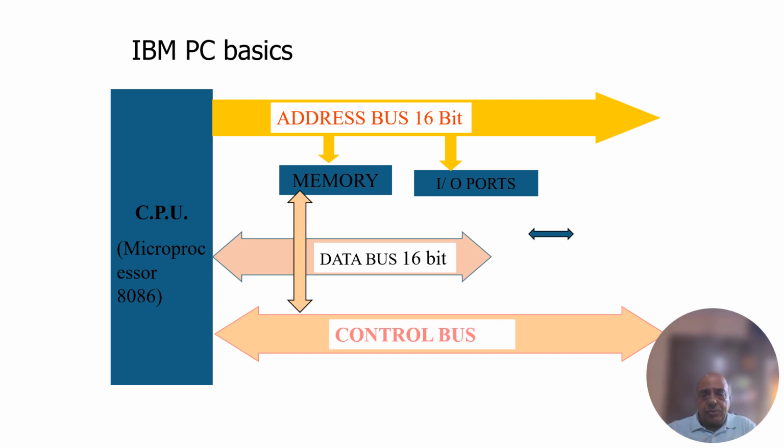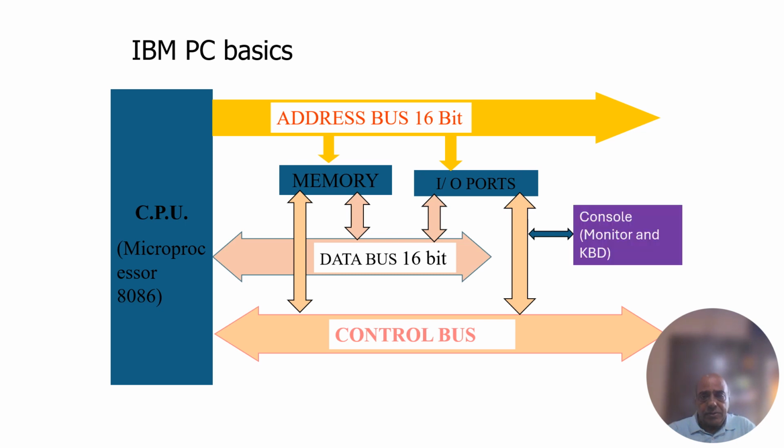Memory is connected to control bus, memory is connected to data bus, and it is also connected to address bus. Similarly, I/O ports are connected to address, data and control bus as shown in the figure. Console and monitor are also connected to I/O ports.